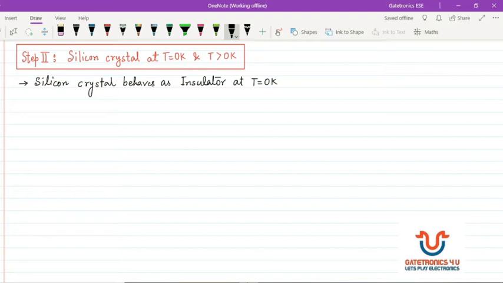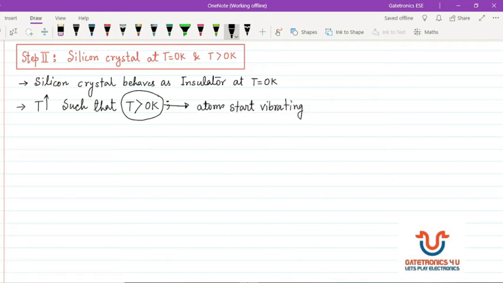Now what we will do, we will increase the temperature. So in the case 2, we will increase the temperature such that temperature is greater than 0 K. Now let us see what will happen if we make the temperature T greater than 0 K. Since the temperature is greater than 0 K, that means a finite value of temperature, then the atoms inside the silicon crystals will start vibrating.